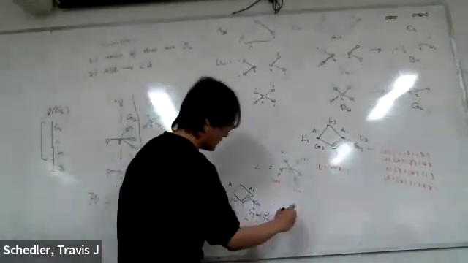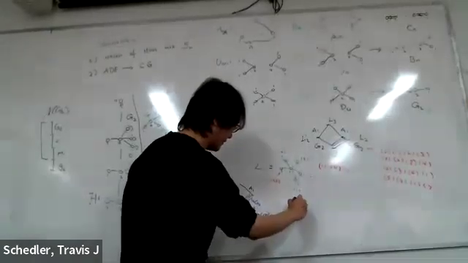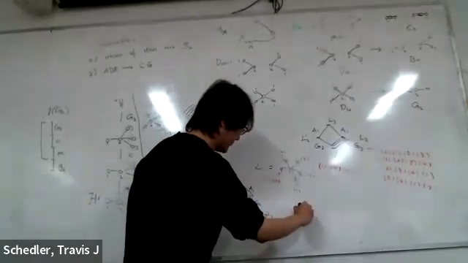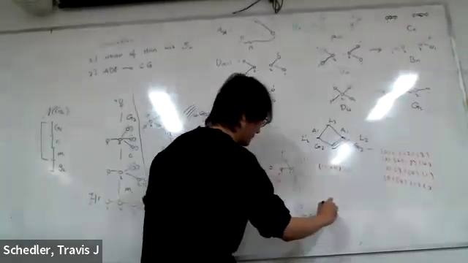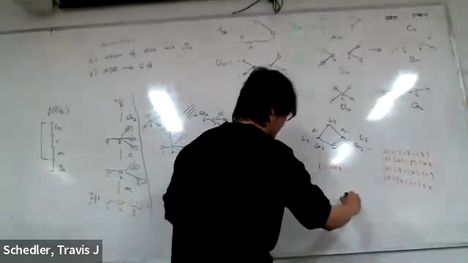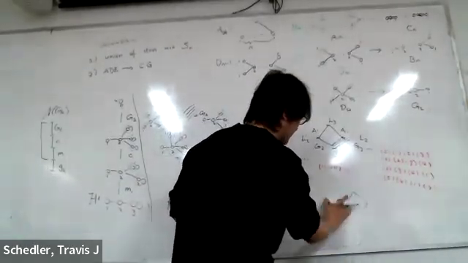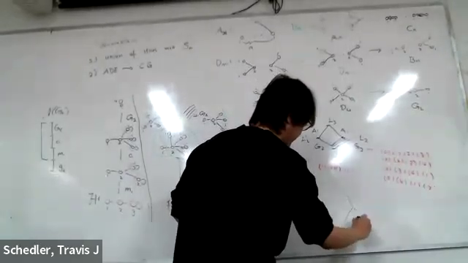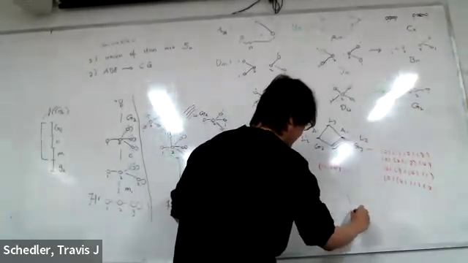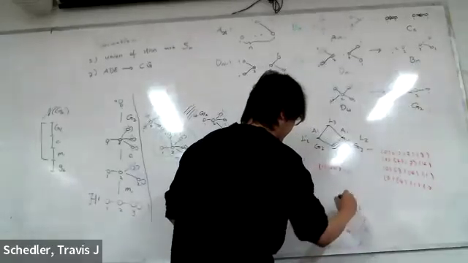So the symmetric product of four copies of C2 looks like A1, A1, and 1, and A1.